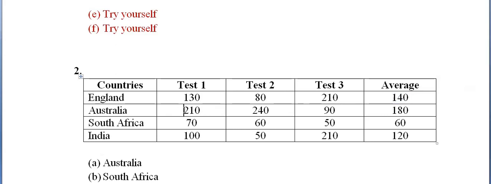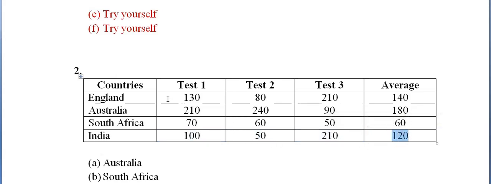Similarly, 210 plus 240 plus 90 divided by 3, you will get 180. And again 70 plus 60 plus 50 divided by 3, you will get 60. 100 plus 50 plus 210 divided by 3, you will get 120.